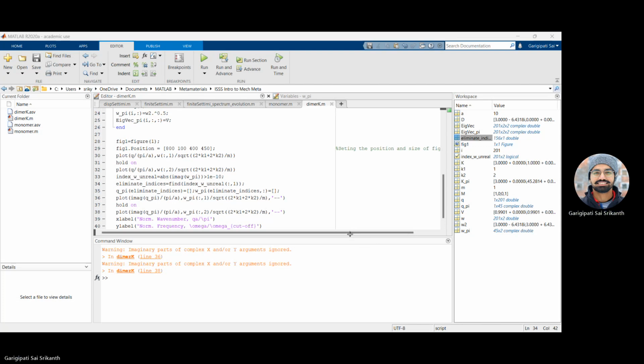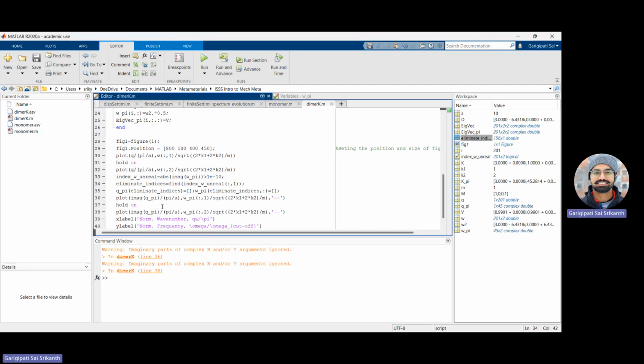What's this? Okay, this is happening. We should use scatter instead of plot.